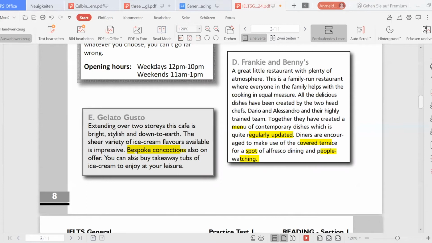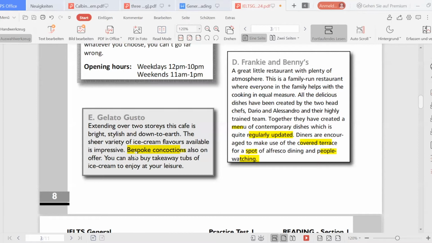But even if you don't know what the word bespoke means, what about the word concoctions? You may also not know that. Here, if you don't know what any of these two words mean, then you probably cannot figure out that E is the answer, okay?